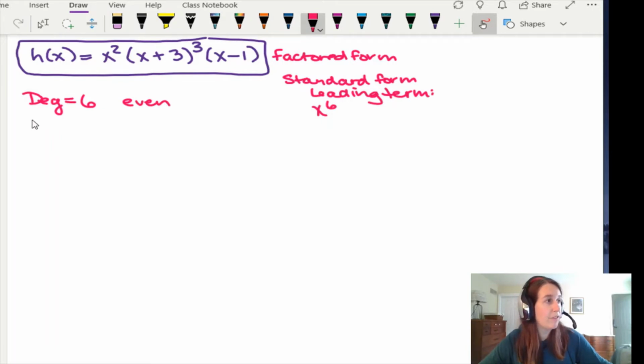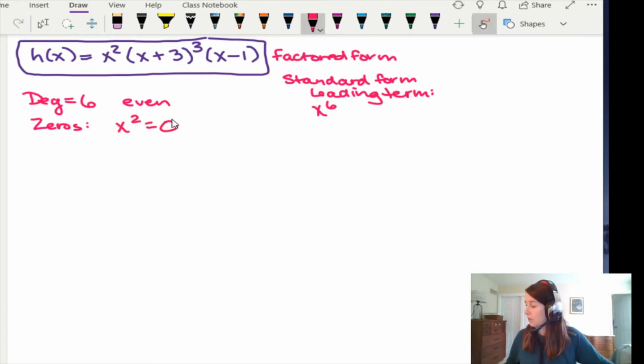We have the zeros. The zeros are what makes this function 0. So x equals, for this first x squared, 0. And then, let's actually write this out a little more, just because this is kind of what we're going to be talking about. So x squared equals 0.